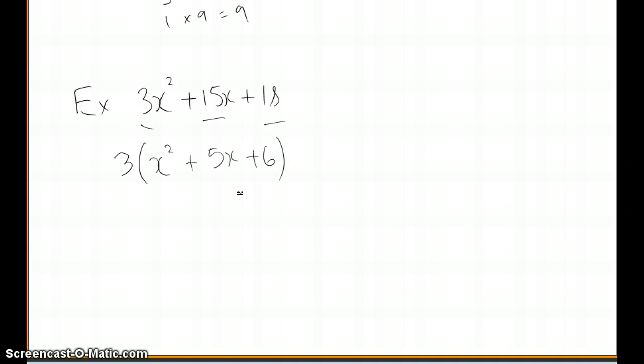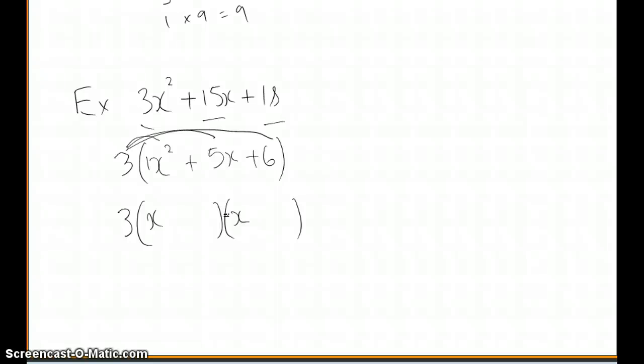I've simplified the problem a whole lot by just realizing that 3 is a common factor of each of those terms. Remember, 3 just multiplies by each of the terms inside the bracket, and I'm back to where I started. So the answer to this problem, okay, we've got a coefficient of 1 for x squared, so x's can go in the front.